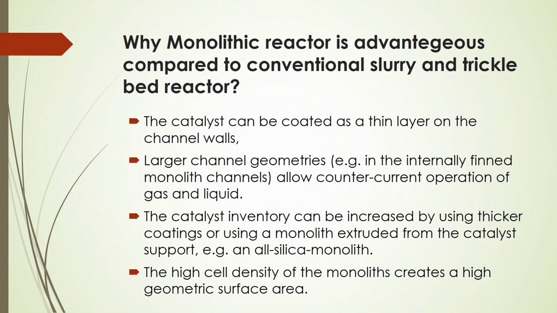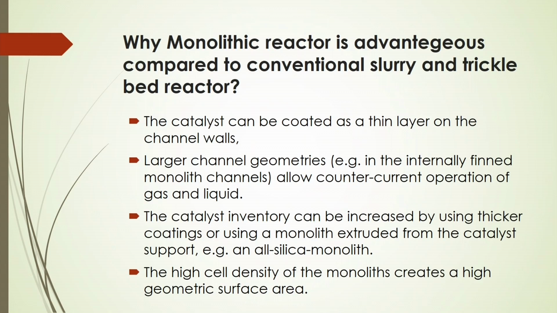Now, the main question is why this monolithic reactor is advantageous compared to the conventional slurry and trickle bed reactors. In the monolithic reactor, the catalyst can be coated as a thin layer on the channel wall, which is advantageous, whereas it is not in the conventional slurry or trickle bed reactor. Also, in the monolithic structure you will see larger channel geometries, that is, internally finned monolith channels allow countercurrent operation of the gas and liquid there.